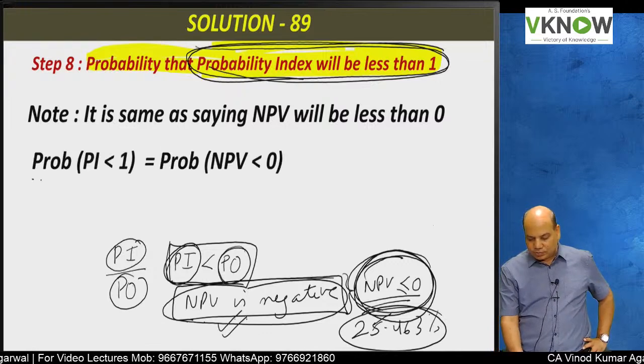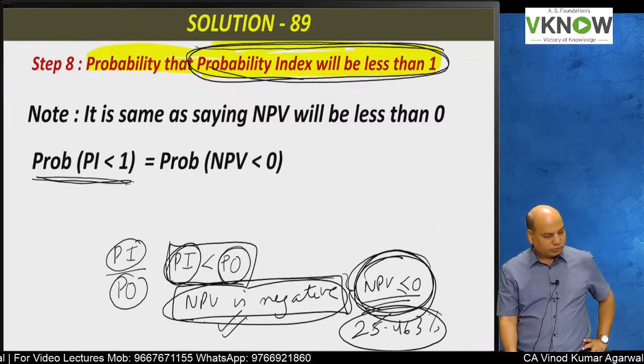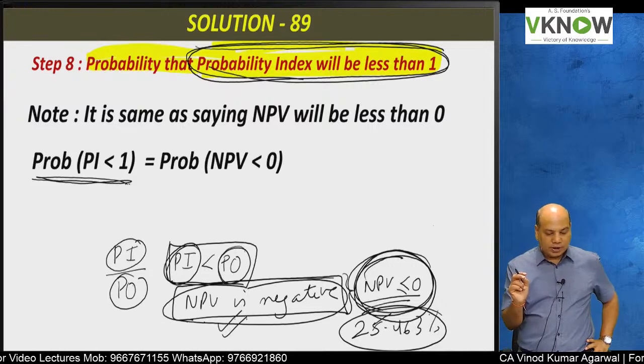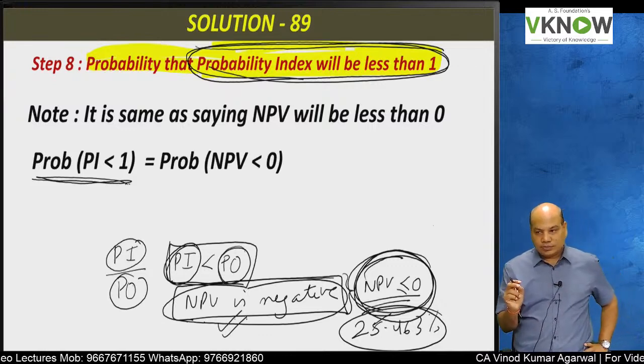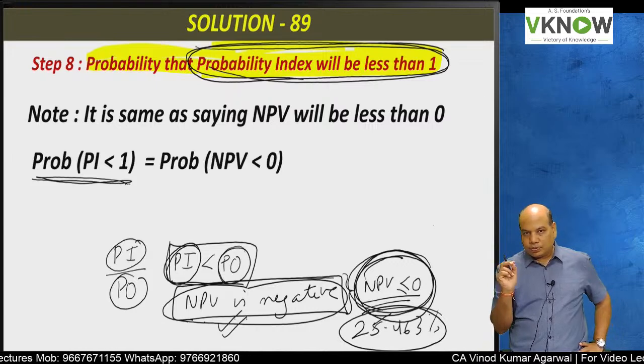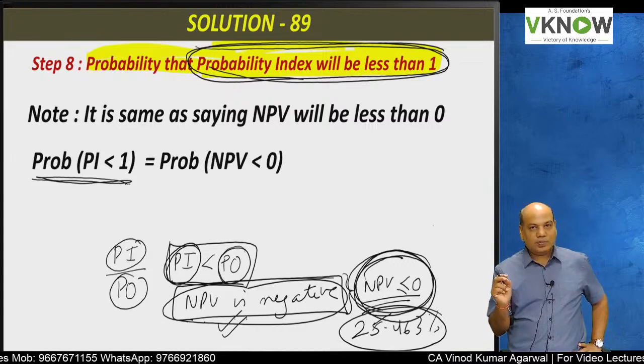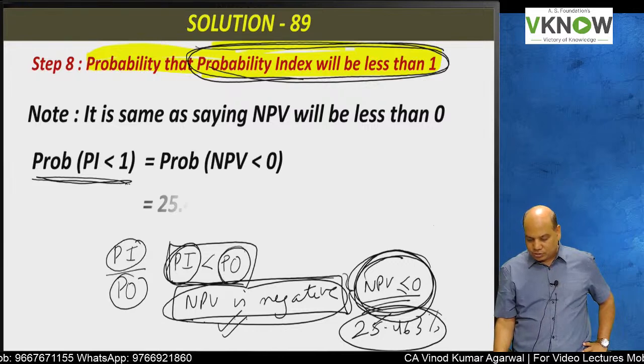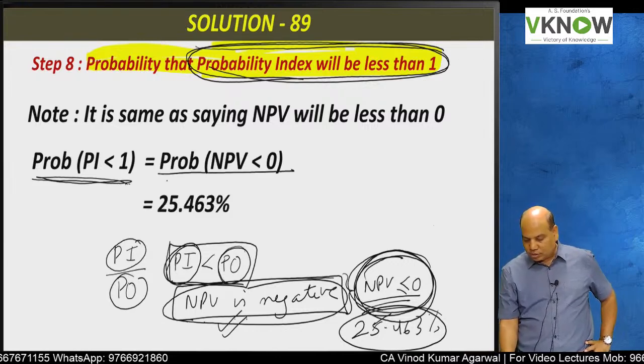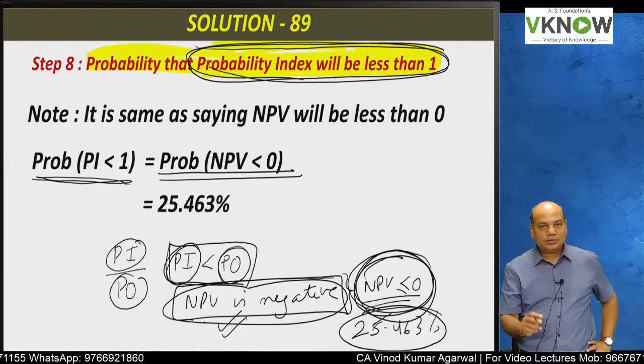Therefore, the probability that profitability index will be less than 1 is equal to the probability that NPV will be less than 0, and this we have already computed.